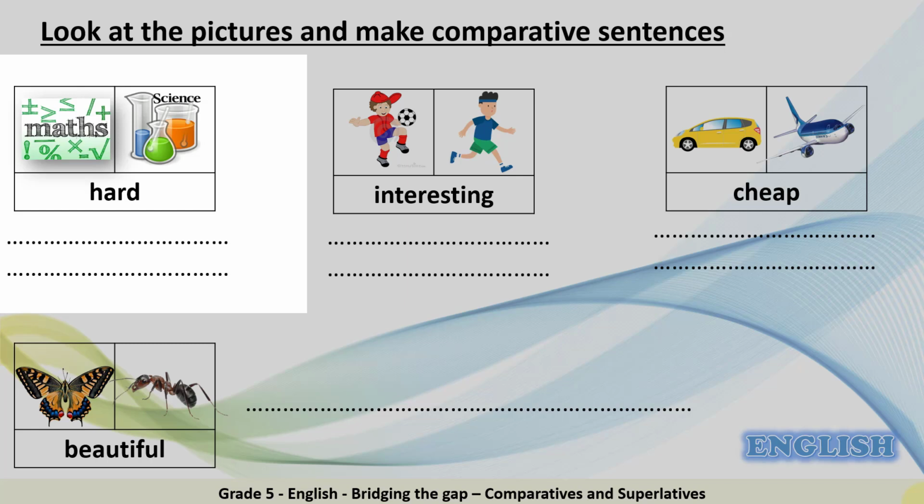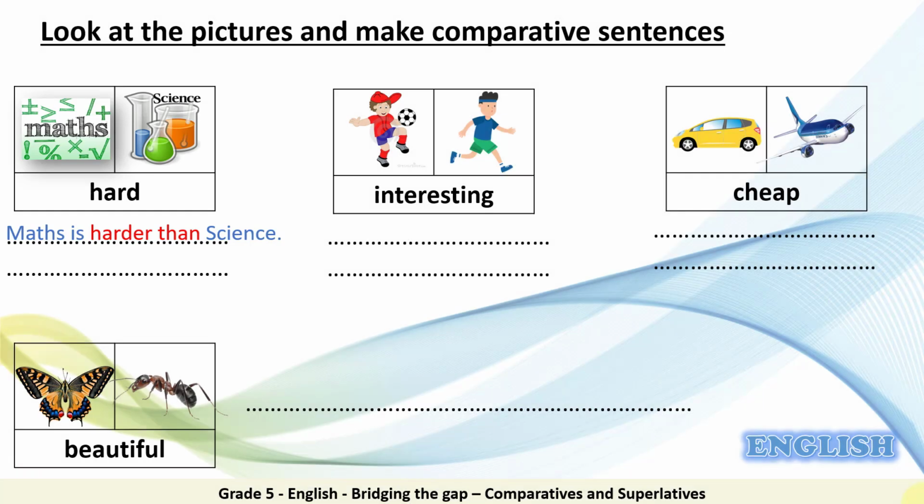Hard is a short adjective as it consists of 1 syllable. So we can add ER. It will be harder. And the sentence would be like this. Maths is harder than science. Get it, my friends? Why not you pause the video now and complete this exercise? I'll be back after a while.